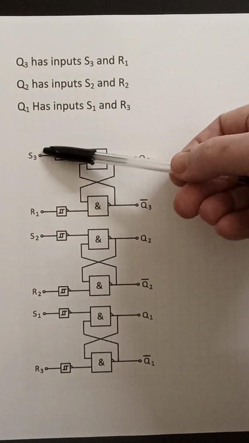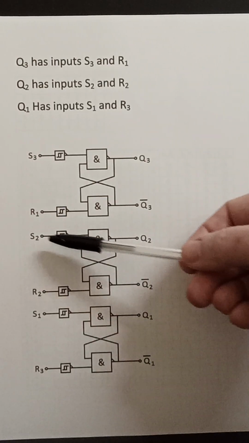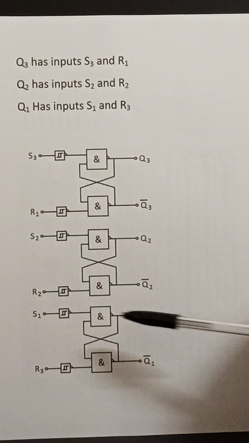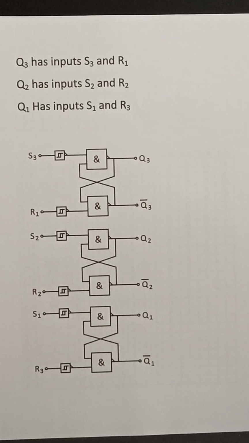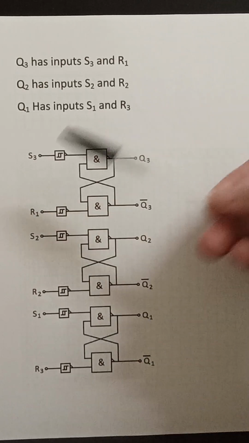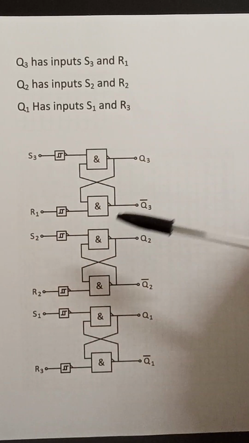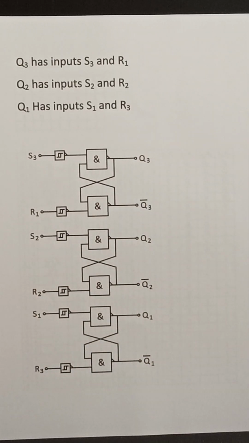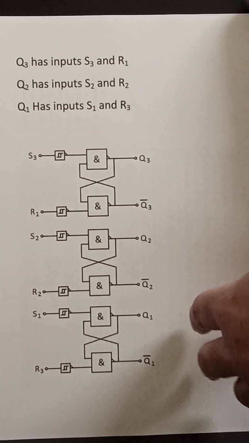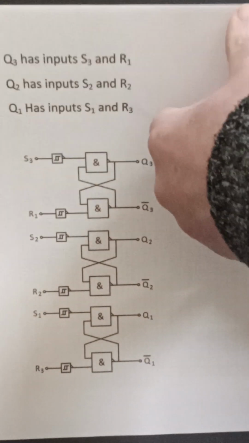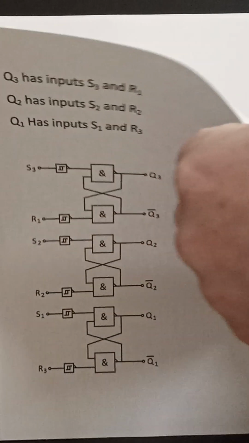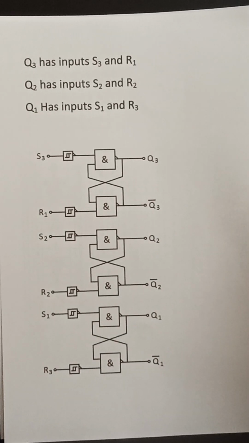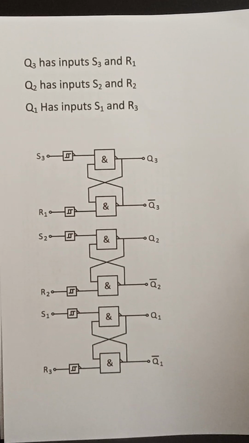A full circuit diagram can be found in my quaternary video on the SR and D type flip-flop. This is just the basic circuit to show the NAND configuration of SRs, binary SRs. So that's the quaternary version.